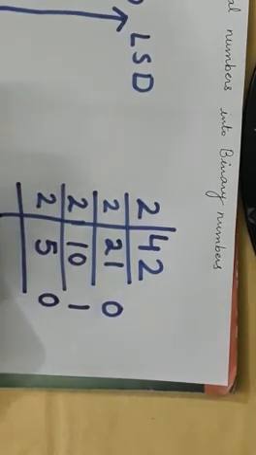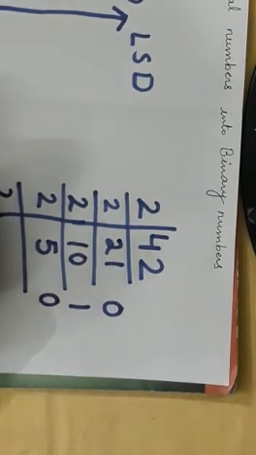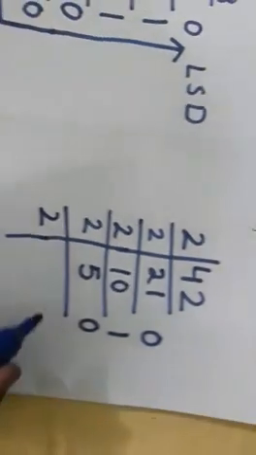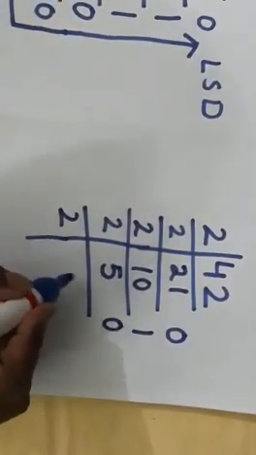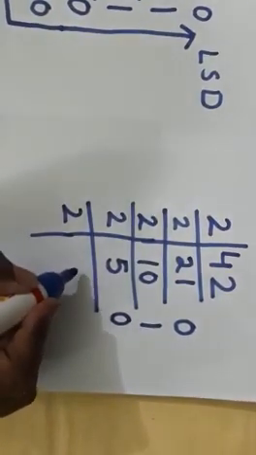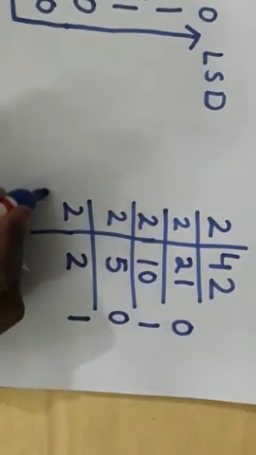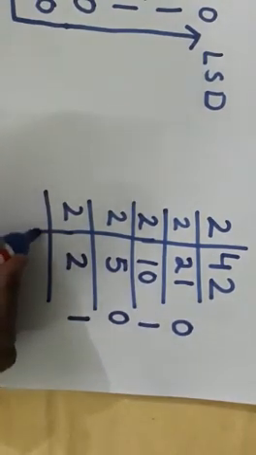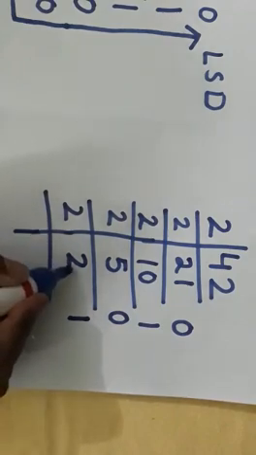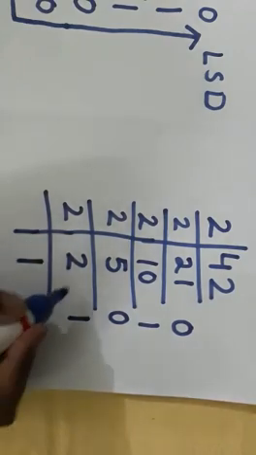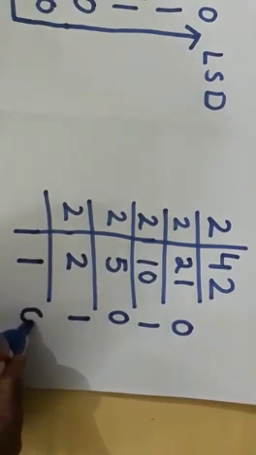Again we will divide, 2 2s are 4, it will go 2 times, so 1 remainder will come. Then again we divide 2, 2 1s are 2, so now the remainder will be 0.